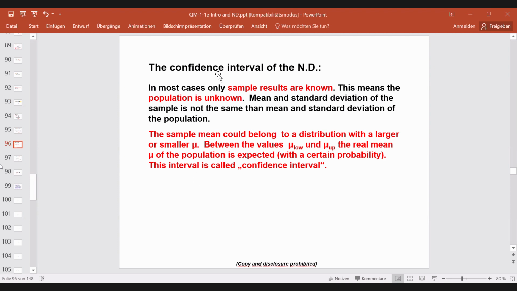And with the confidence interval, you can draw a conclusion, a forecast on the population if the population is unknown and only the sample results are known. And this is the topic the next sheets are about.